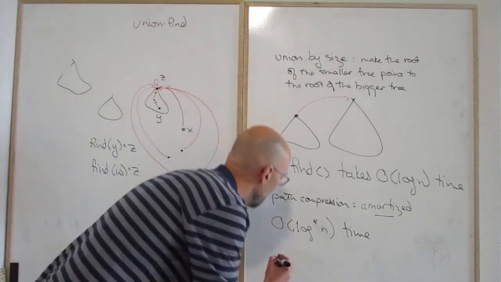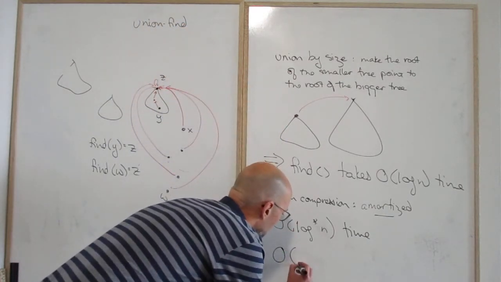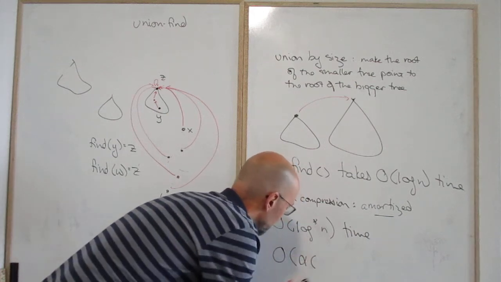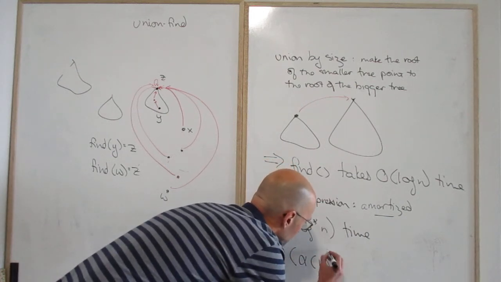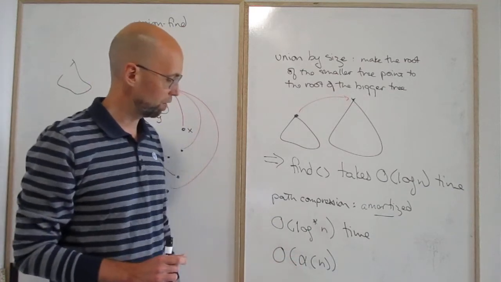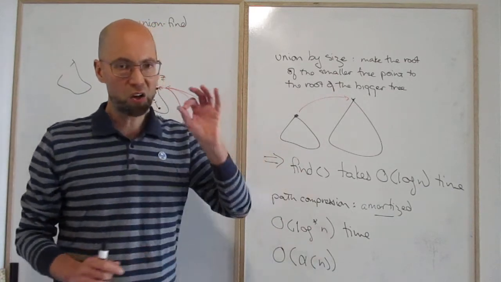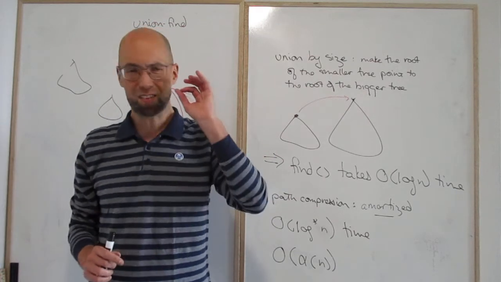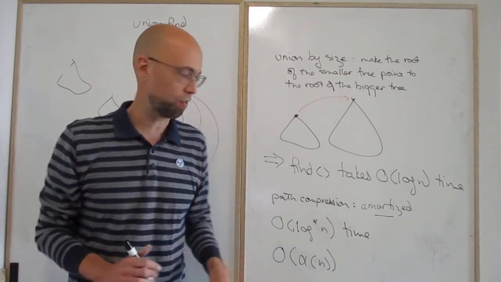And then in fact, it's actually even better than that. It's something called inverse Ackermann, which is alpha. So it's not constant, but it's as close to constant as you could ever possibly want.